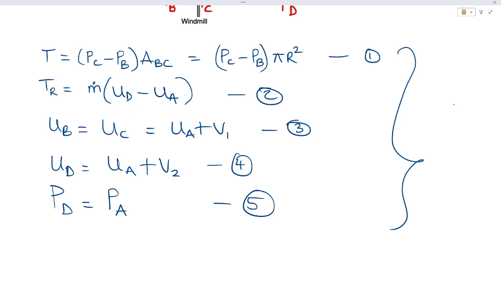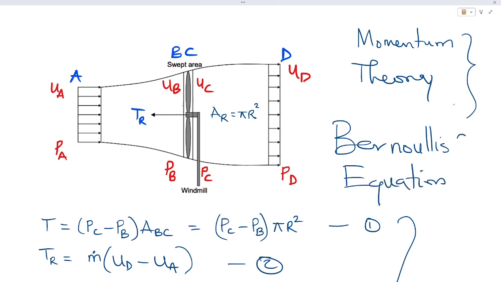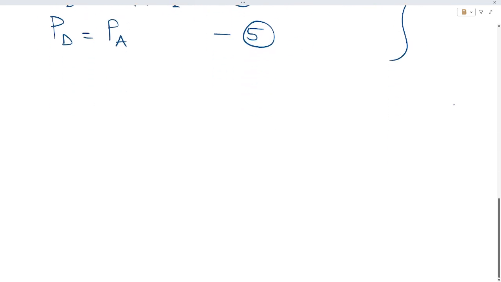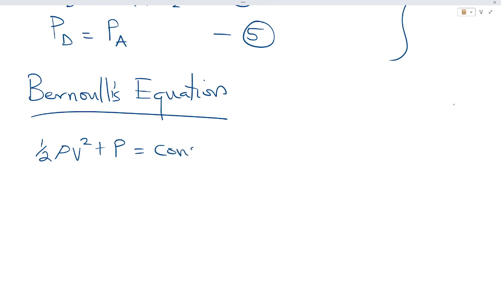Now, using the Bernoulli equation, by integrating the Bernoulli equation into the momentum theory, using all these established 5 equations, we can establish that half rho v squared plus p equals constant.